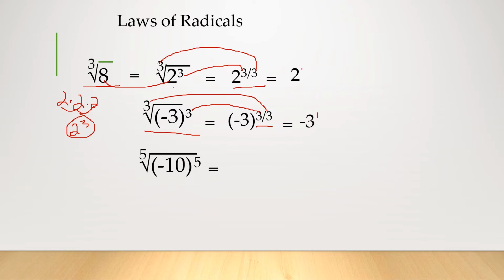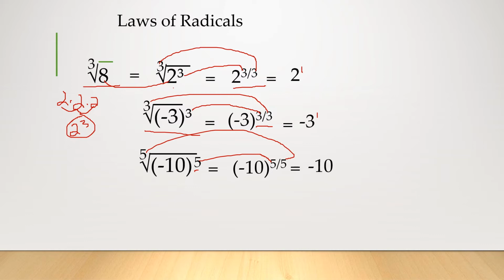But if it's 1, we are not writing that anymore. Now, I have here the 5th root of negative 10 raised to the 5th power. So again, we can write this as an expression with rational exponent, that is negative 10. That is the index, and this is the numerator, the exponent here. And the answer is simply negative 10.